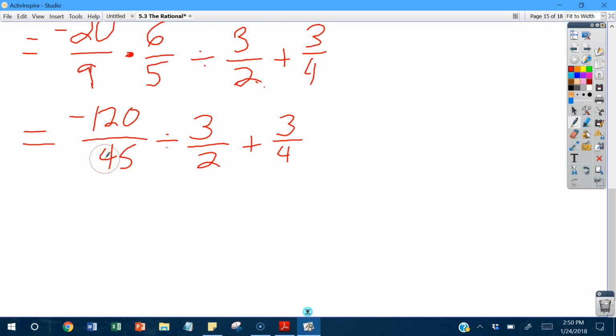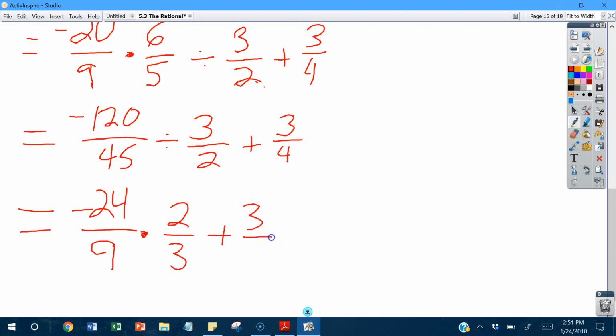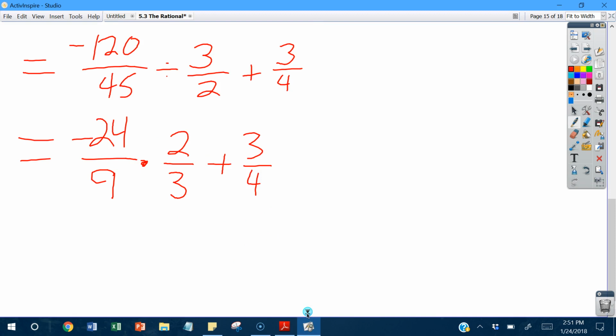So I can divide both these numbers by 5. I'm doing that in my calculator real quick. So 120 divided by 5, I get -24/9. And then I'm going to go ahead and change this now. So let's change that to a multiplication sign. And then add 3/4. That'll be the last thing I do because it's addition.